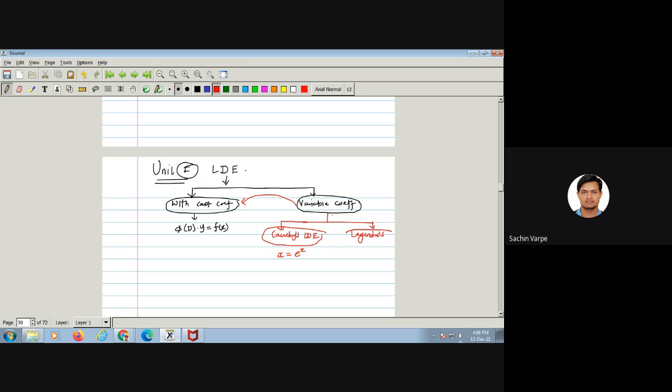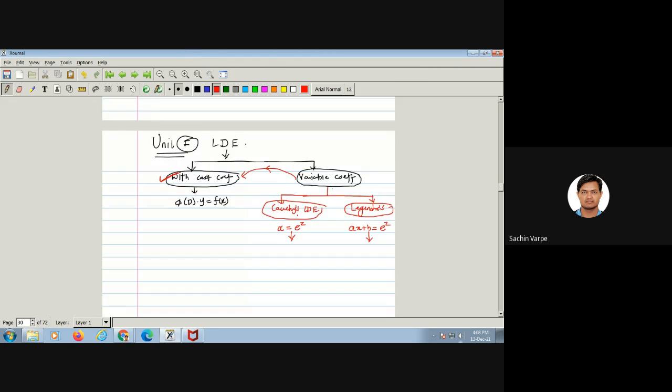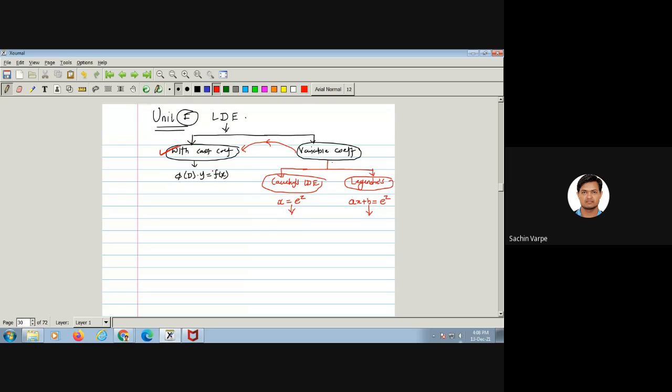And in Legendre's, the coefficient is a power of ax plus b, and we have substituted ax plus b equal to e raised to z. With the help of these, we get the substitutions for the differential terms. We substitute that into the given differential equation, which will be reduced into the LDE with constant coefficient. And then we have applied the methods we have discussed for the solution of these equations.